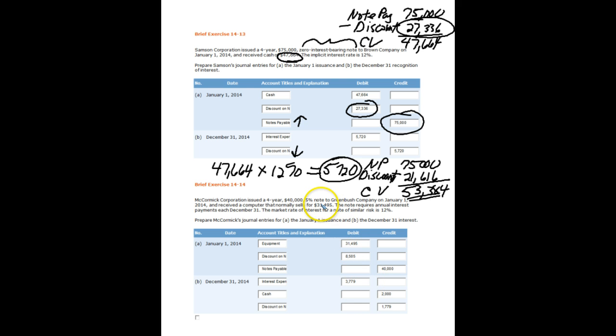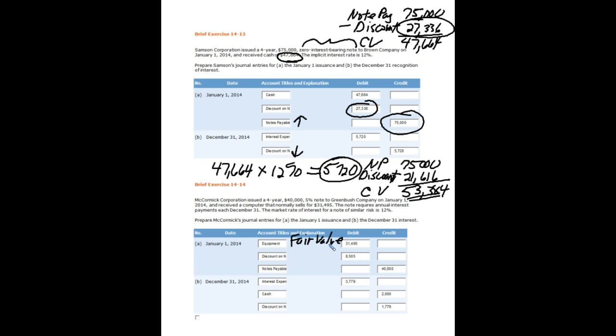Okay, so they have exchanged a note for equipment, and if they had bought that computer elsewhere, they would have paid $31,495. So that is its fair value, if you will. So we're recording this asset received at its fair value.